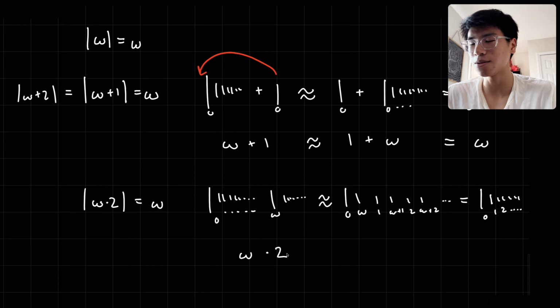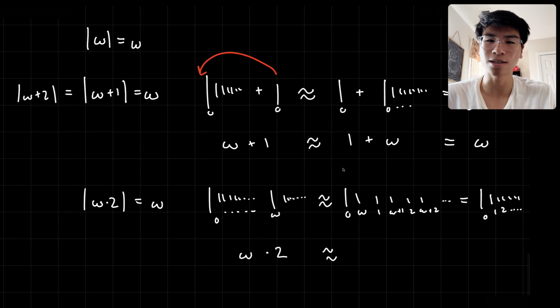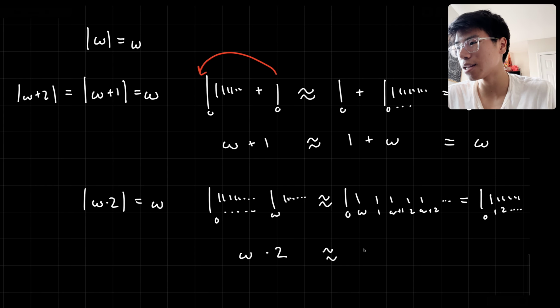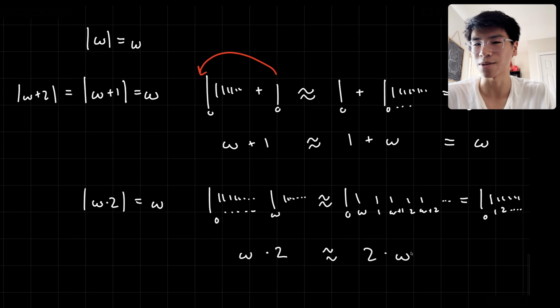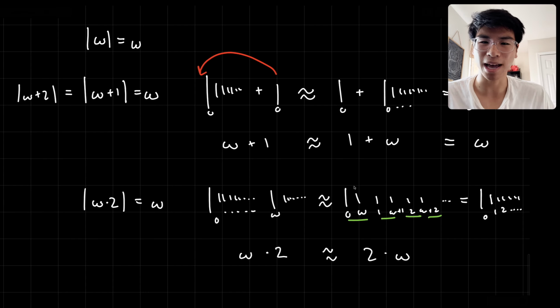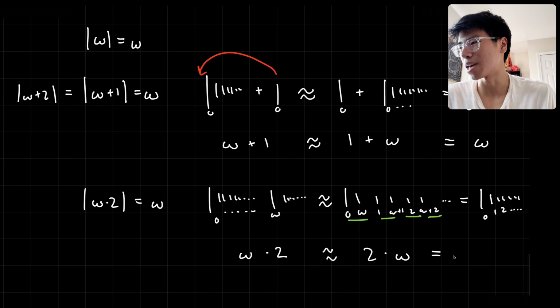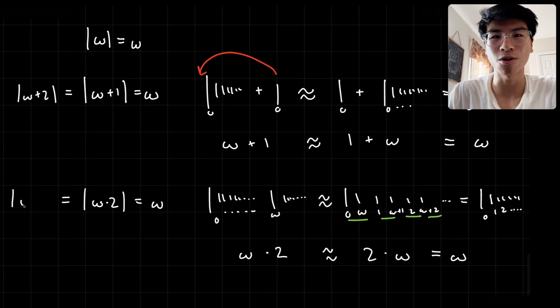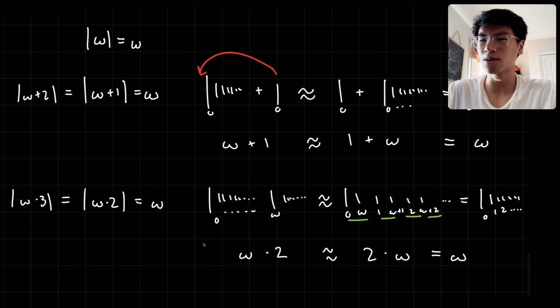The first thing that we did was like omega times 2, and the second thing, this rearrangement, transformed it into something more like 2 times omega. We start with omega and replace each matchstick in omega with 2 matchsticks. Each matchstick gets replaced by a pair, 0 and omega and so on, which is really just omega. And this is actually the same for omega times 3 and so on.